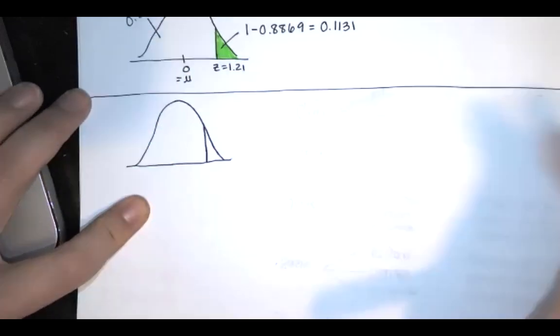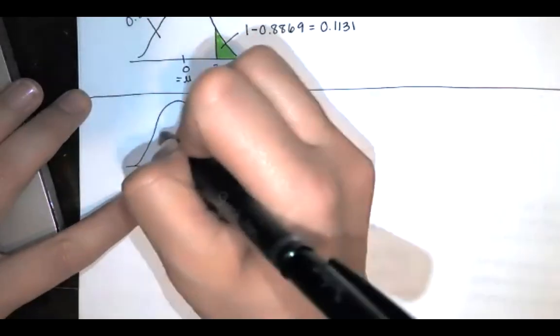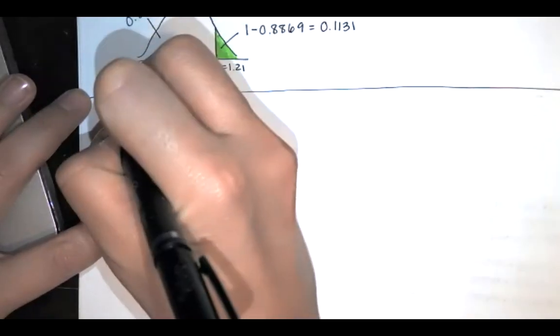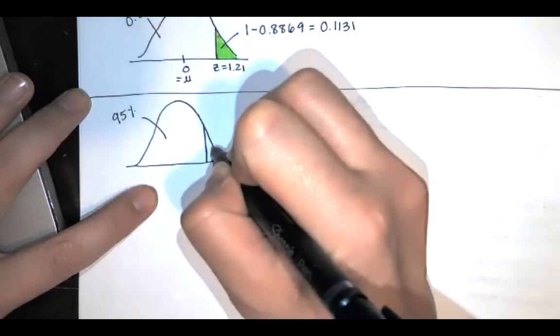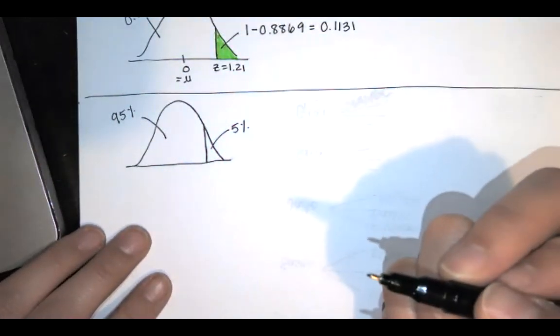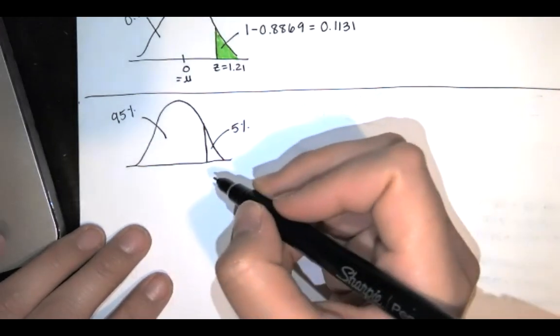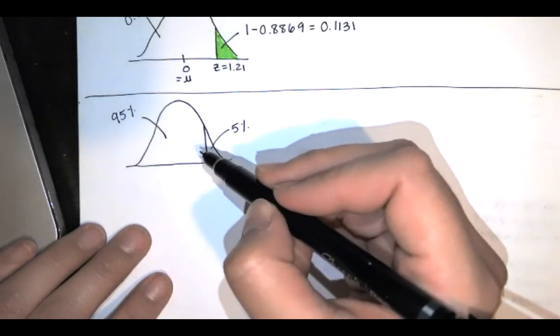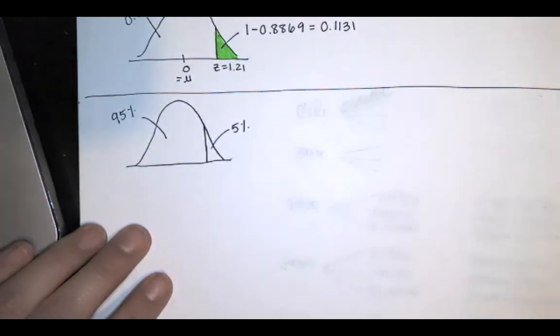So that means I want to take this area under the curve and separate it into the 95% down here and the top 5% over here. And we want the women who are in that bottom 95%.